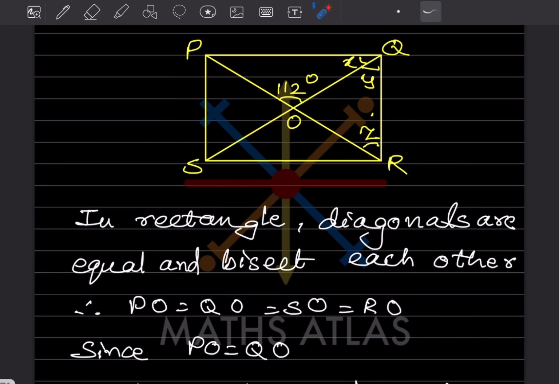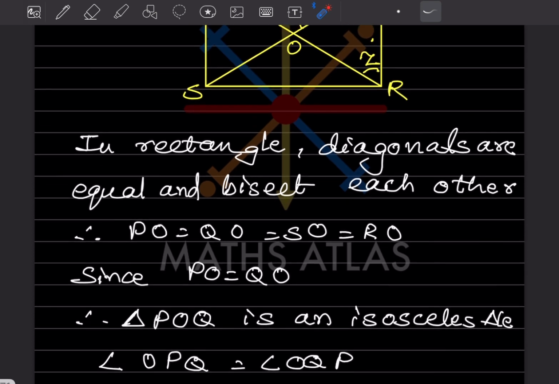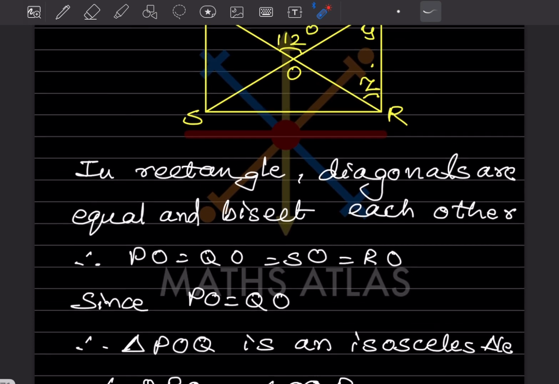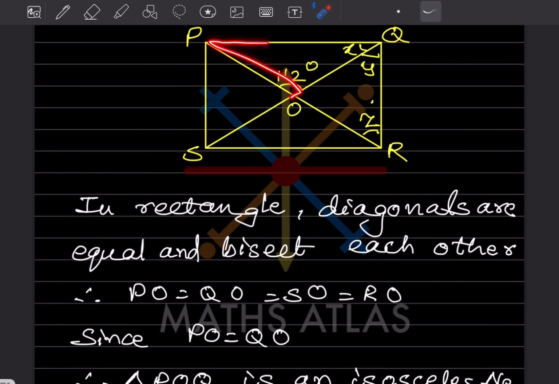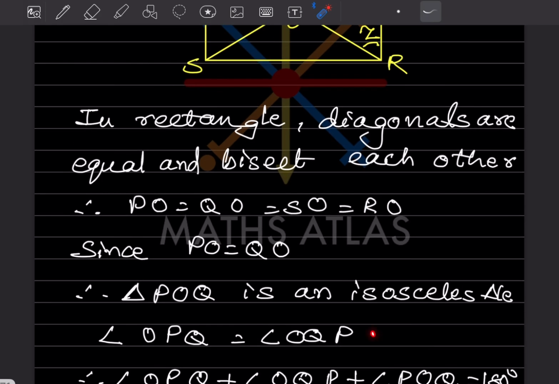Since PO is equal to QO, we can say this triangle is an isosceles triangle. When this is an isosceles triangle, these two angles should be equal. Here this is given as 112. So angle OPQ is equal to angle OQP.